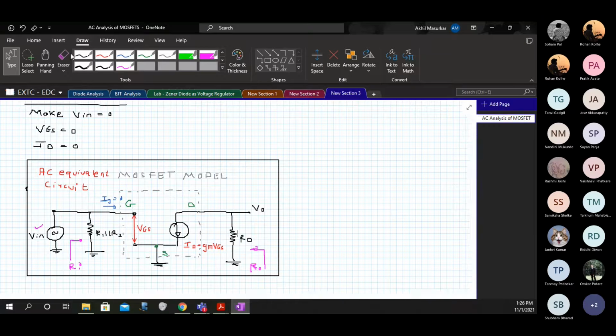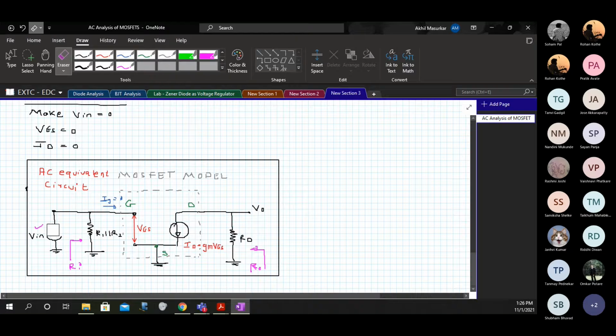V in is 0. That means I show this as a short circuit. So because of that, VGS becomes 0. And this ID depends on VGS. So the value of the current source becomes 0. Value of voltage source 0 means short circuit. Value of current source 0 means open circuit.